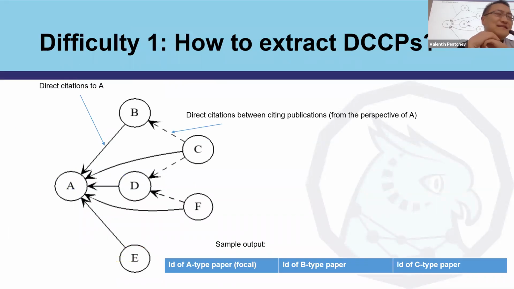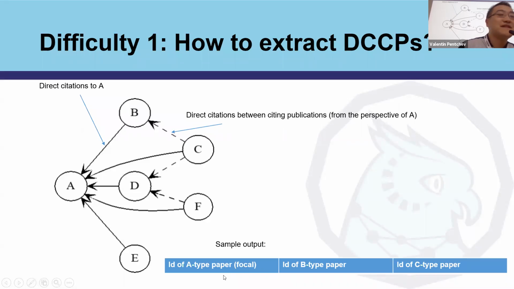So in my research, there are several difficulties. The first difficulty is how to extract direct citations between citing publications. In this figure, the relationship from B to A is a direct citation, which is very easy to extract. But the dotted line, which are the direct citations between citing publications from the perspective of A, is very hard to extract. So my sample output should contain 3 columns.